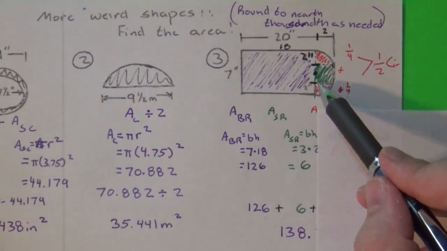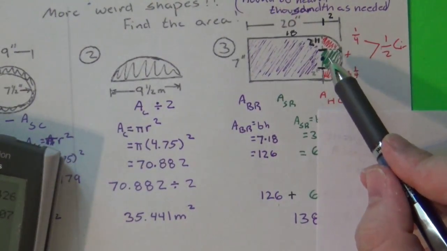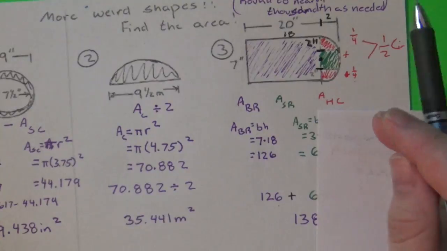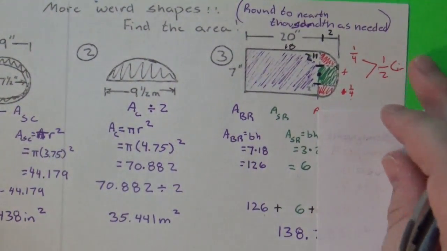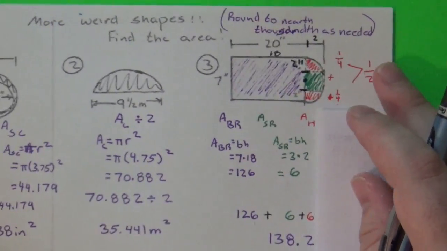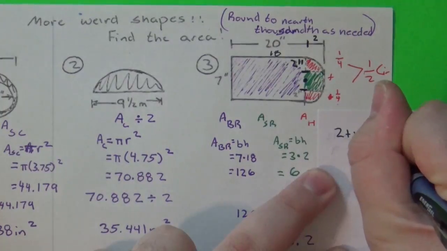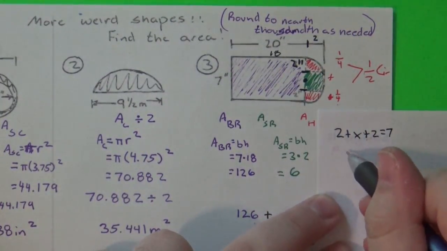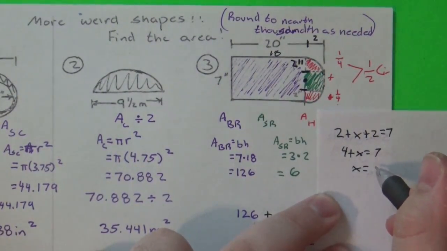Well, wait a minute. If we know that these two are 2, that means that this middle section is going to say 2 plus an unknown plus 2 equals 7. Knowing that, I can really say 4 plus x is equal to 7, so x is equal to 3.